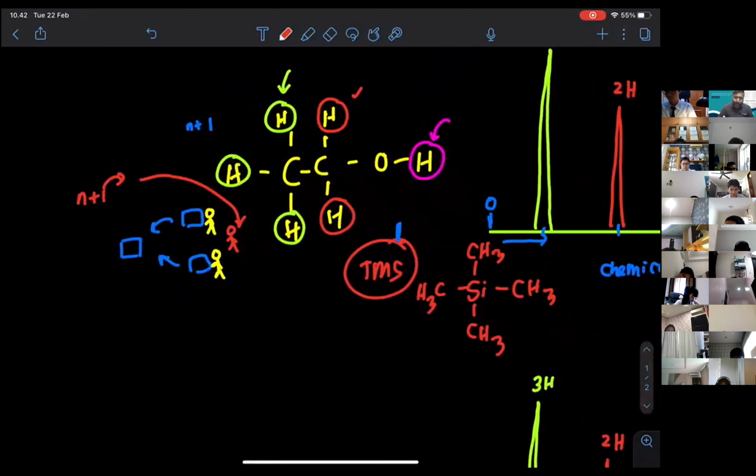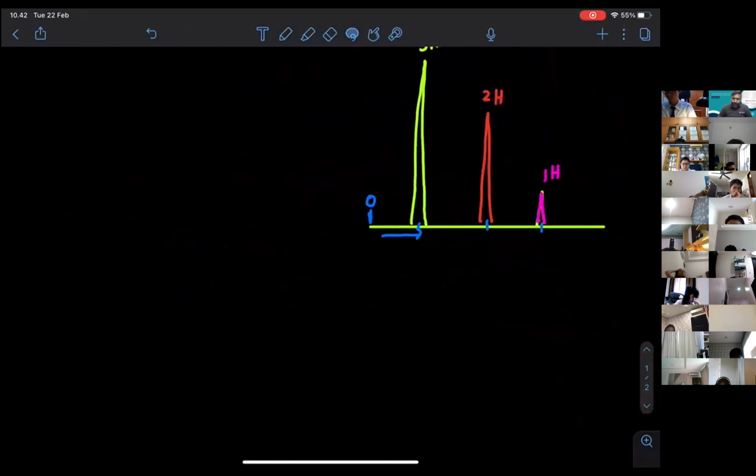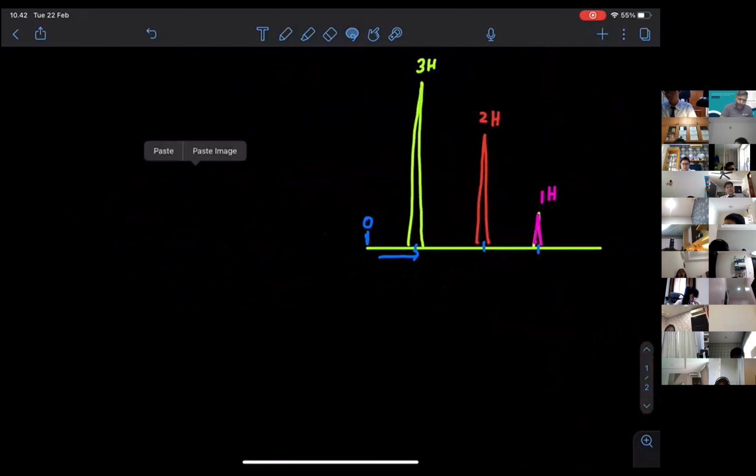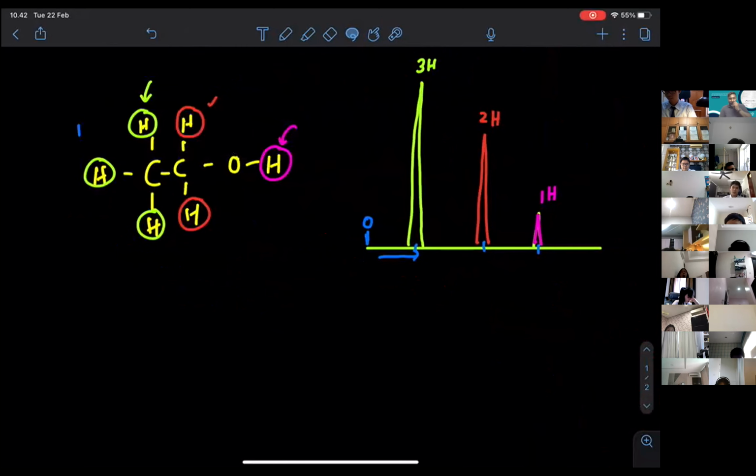This N+1 is going to be very important because, if you look at this particular molecule, I copy this molecule and bring it down. If you look at the 3 hydrogen over here, they have 2 neighbors, so following N+1, which is 2 plus 1, 3, you are going to get a triplet.